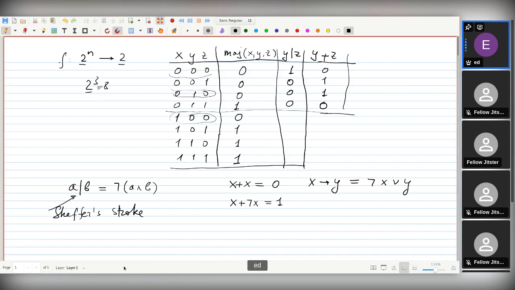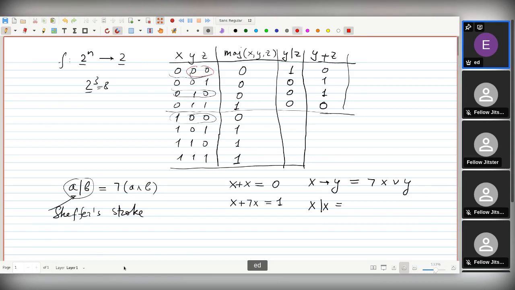What do we consider our Schaeffer's stroke? What is X stroke X? Again, look at the table, please. Assume that our arguments are identical.